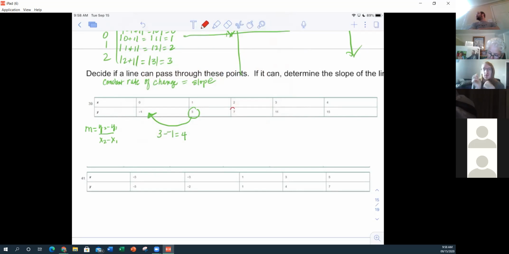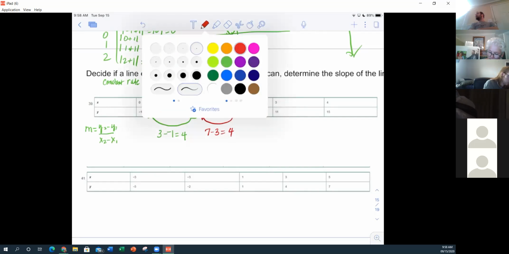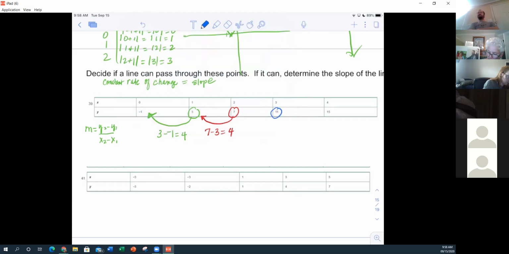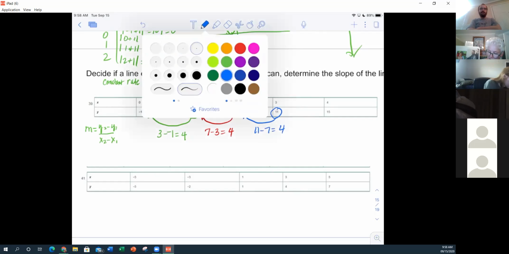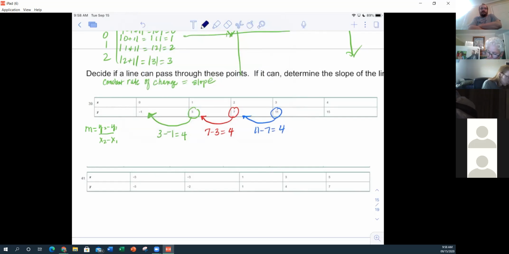So I'm going to take the 7 minus the 3, and that also equals 4. And then 11 minus the 7, and that also equals 4. And then the 15 minus the 11, and that also equals 4. So far we're good. So the top here is a 4.